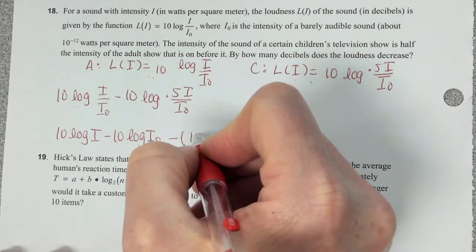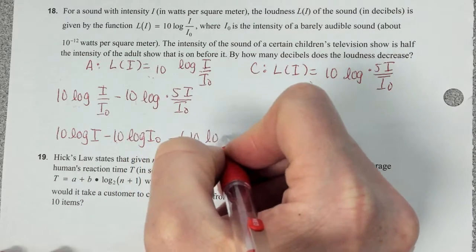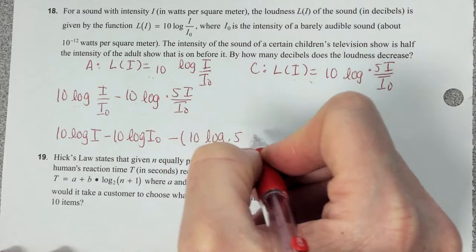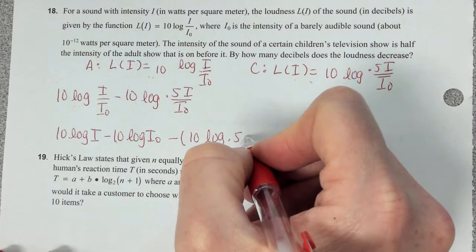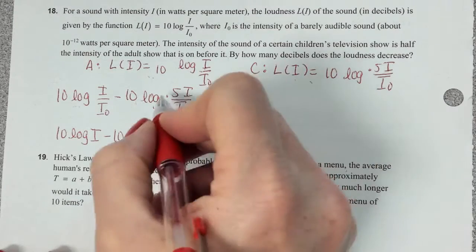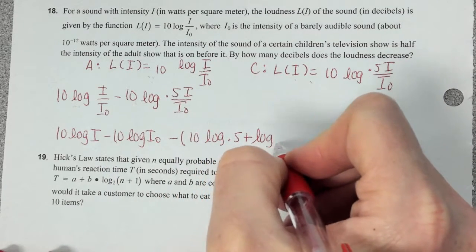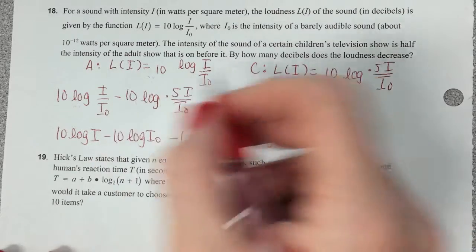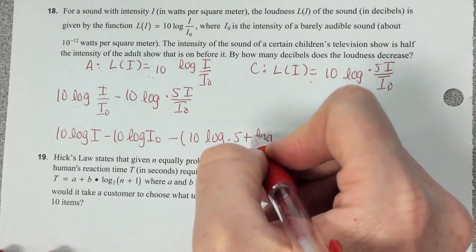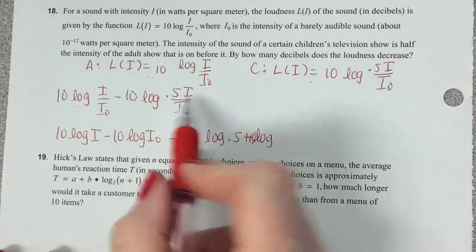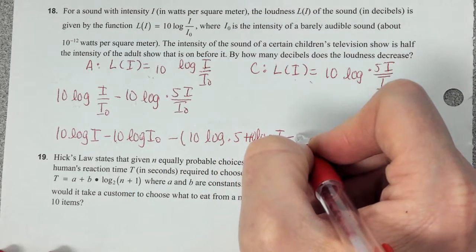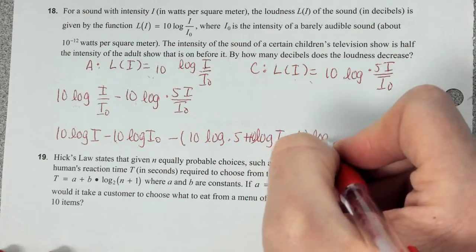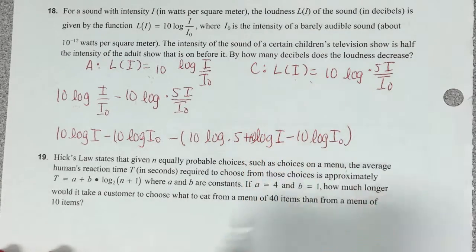It's going to be minus 10 log 0.5, and then these are being multiplied, so I would do plus 10 log I, and then minus 10 log I sub O.